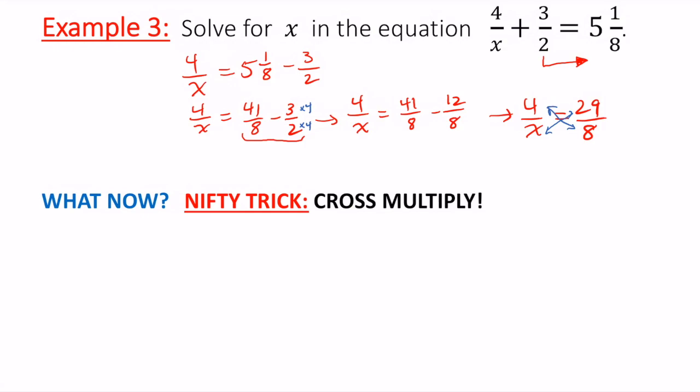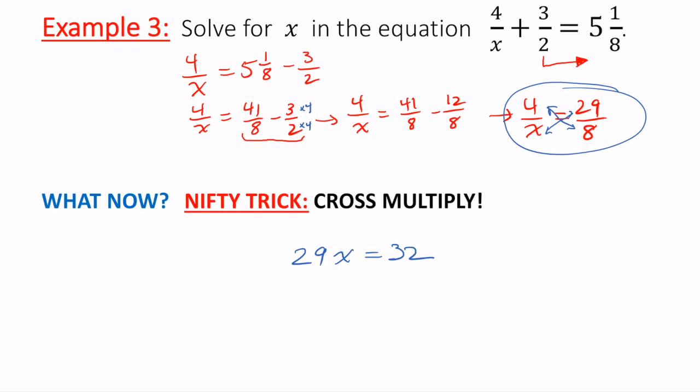So it'll be 29 times x and 4 times 8. And after that, we can carry on. So that's one nice little trick when you see a scenario just like this. When you've got a fraction on both sides of the equation, you can multiply tops and bottoms diagonally.